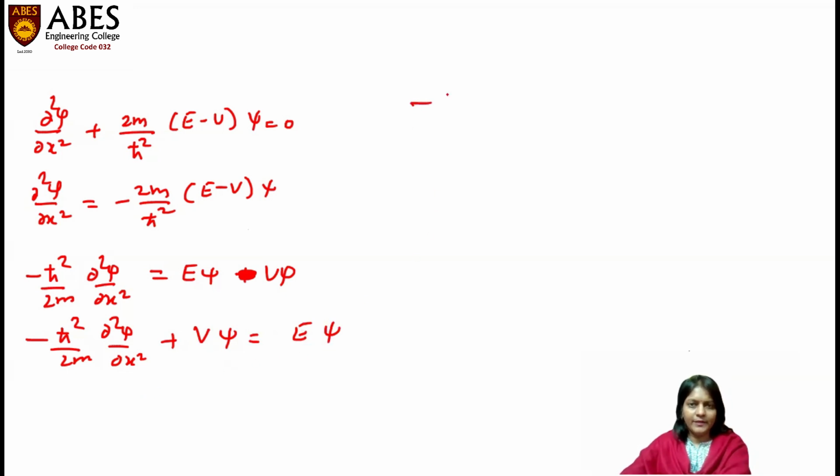And this can be written as minus h square upon 2m del 2 over del x square plus V, psi is equal to E psi.